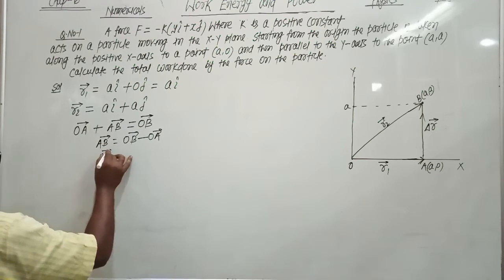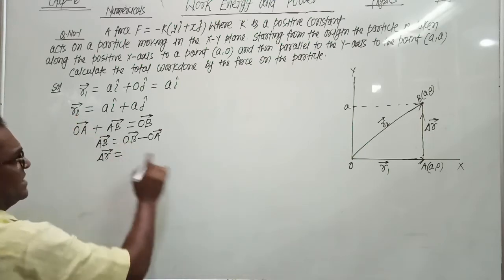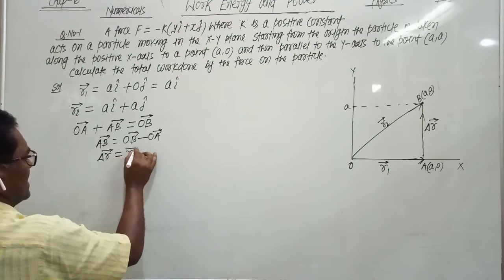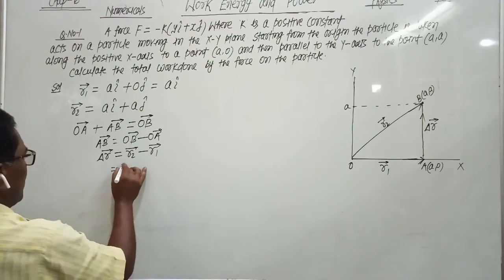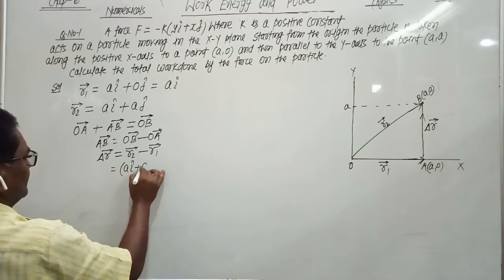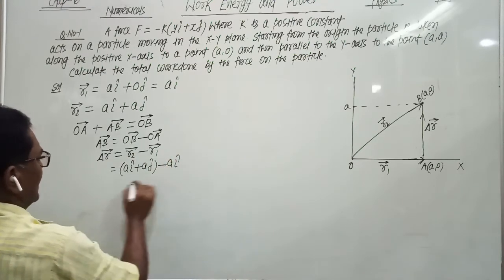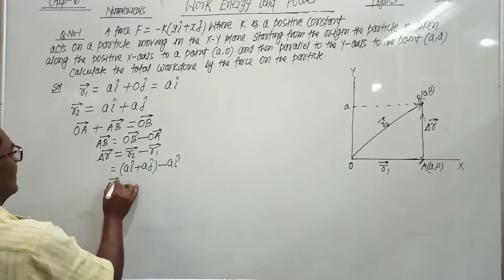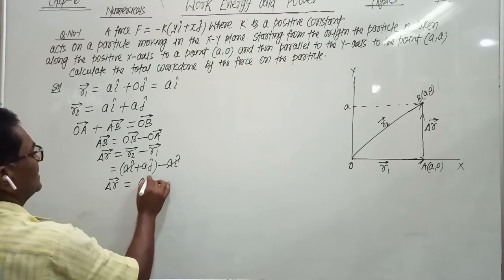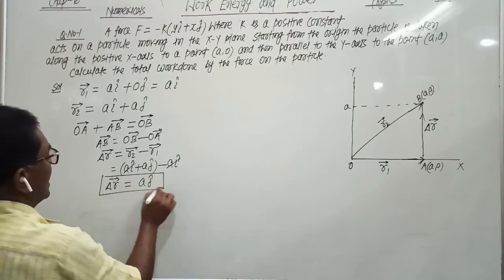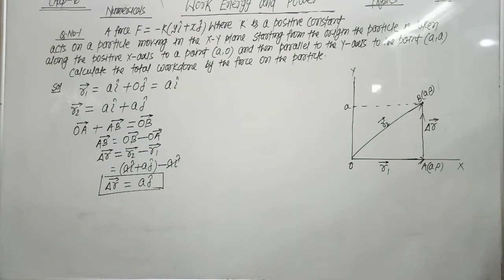So delta r vector, the displacement vector, equals OB, which means vector r2, minus OA, which means vector r1. The r2 vector is a i cap plus a j cap, and the r1 vector is a i cap. The a i cap terms cancel, and we get the displacement vector delta r equals a j cap.